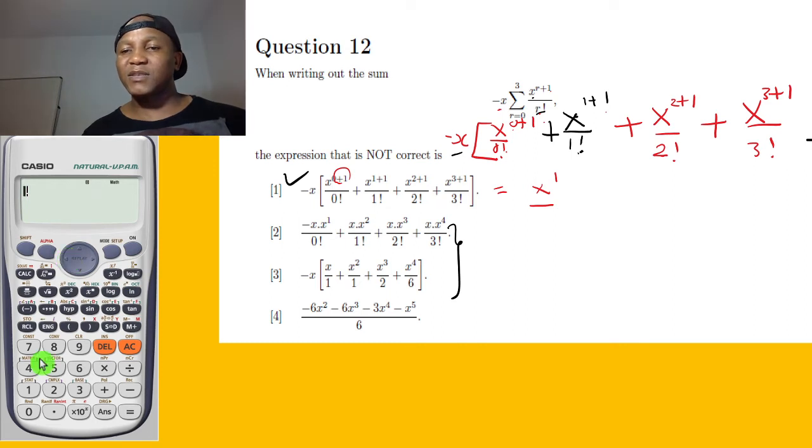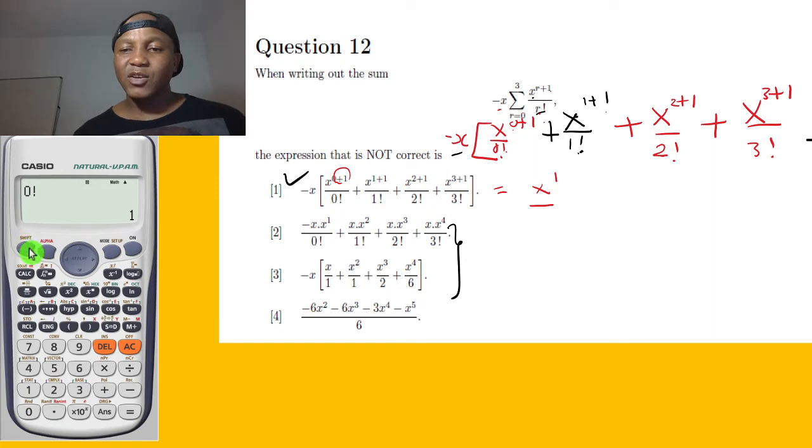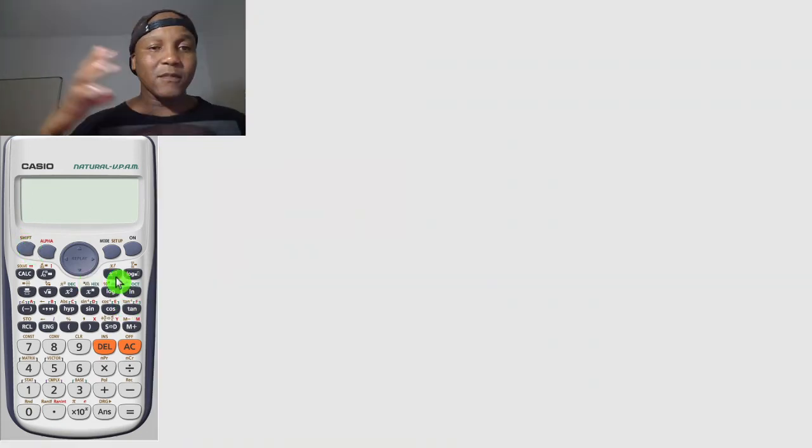Okay, 0 factorial equal to 1, you have to memorize. Even 1 factorial equal to 1. Let's say 1, shift, factorial.